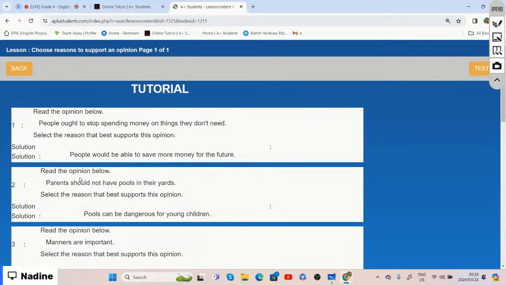Yes, some. Is it Simran? It says people would be able to save more money for the future, that is if they stop spending as much money as they do.